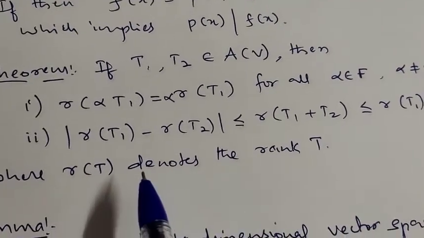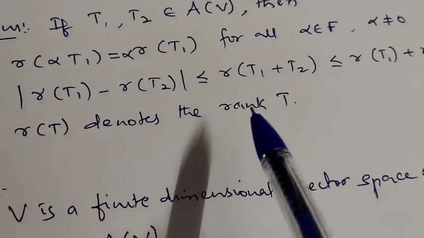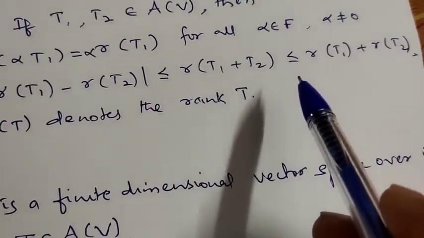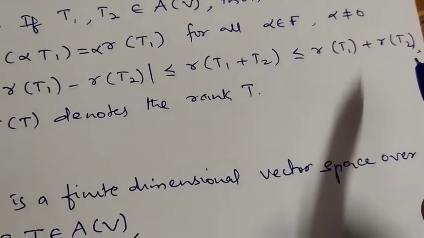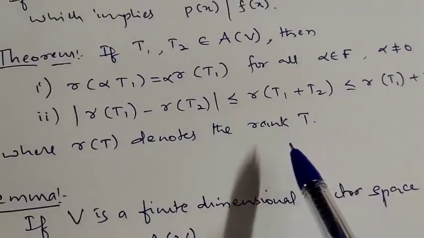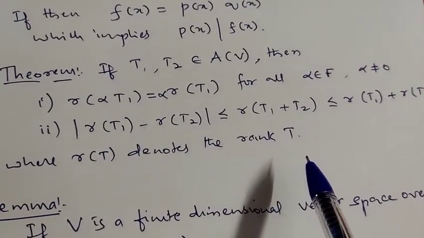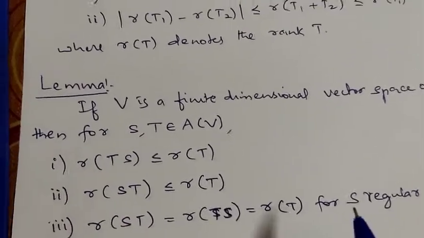Okay, and the modulus of rank of T1 minus rank of T2 is always less than or equal to rank of T1 plus T2, but this is certainly less than or equal to rank of T1 plus rank of T2. Here r(T) denotes the rank of T. Okay, so you write this result in your assignments.